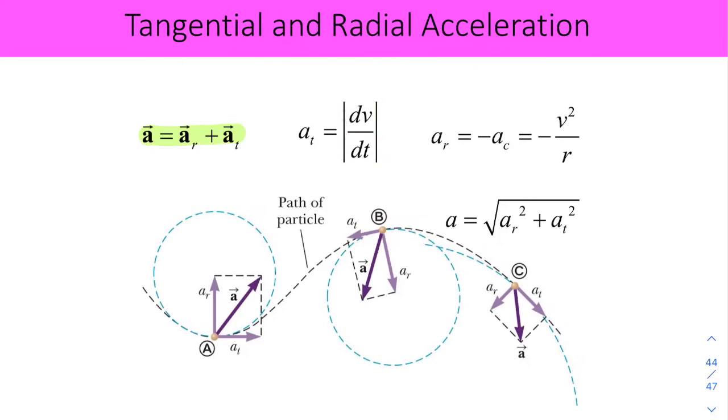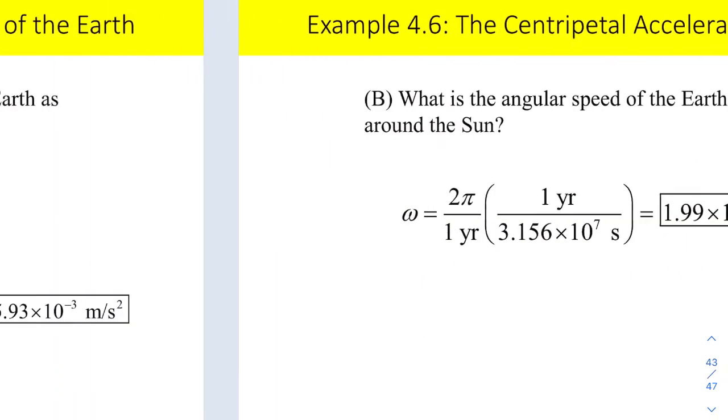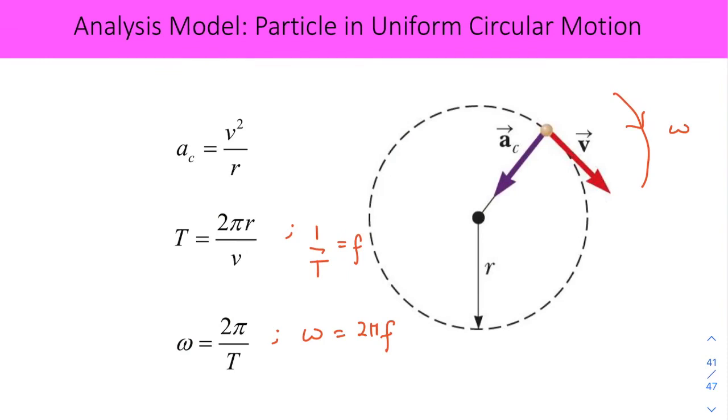It is the change of the magnitude of your velocity that causes the tangential acceleration to exist. If the object is moving with constant speed, we still have a_r, or a_c from our previous lesson, pointed to the center of the circle, which is equivalent to v squared over r, the centripetal acceleration.